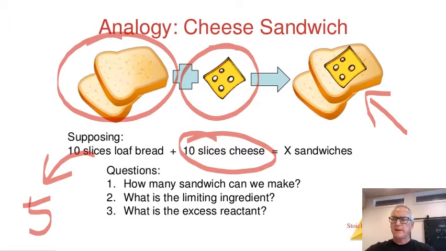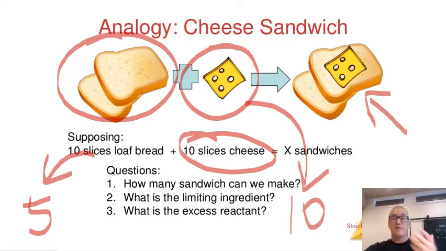Well, how many cheese sandwiches could I make with 10 slices of cheese? There's only 1 slice of cheese per sandwich, and I've got 10 slices, so I could make 10 sandwiches. But if one of my reactants will only give me 5 products, and the other one will give me 10, how many am I actually going to make?